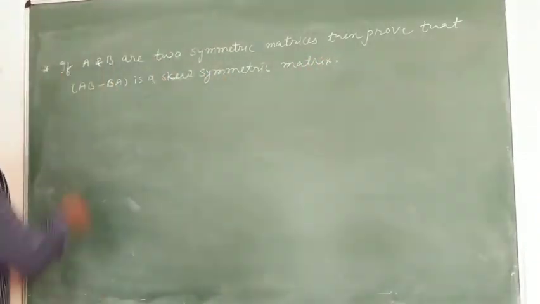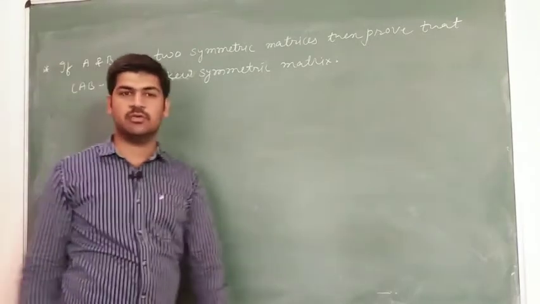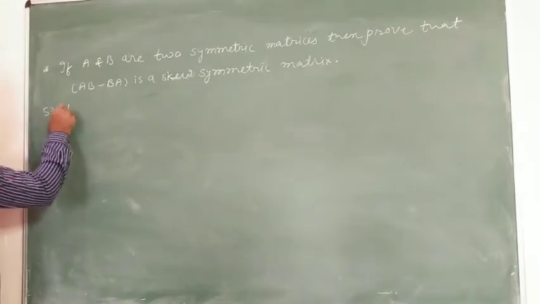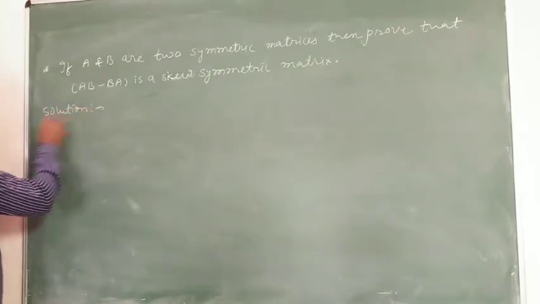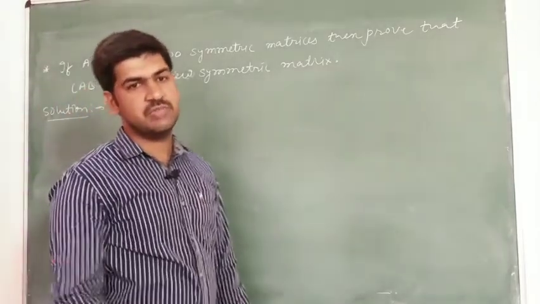Dear students, the solution or the proof for this particular question is, first of all, what are we given? We are given A and B as two symmetric matrices.